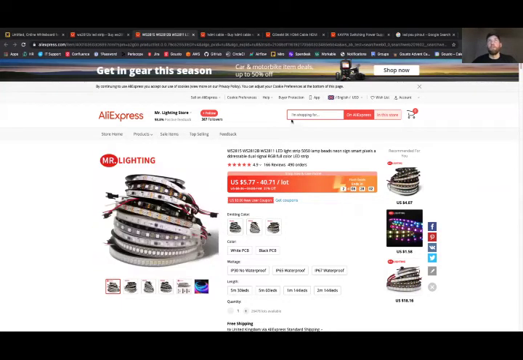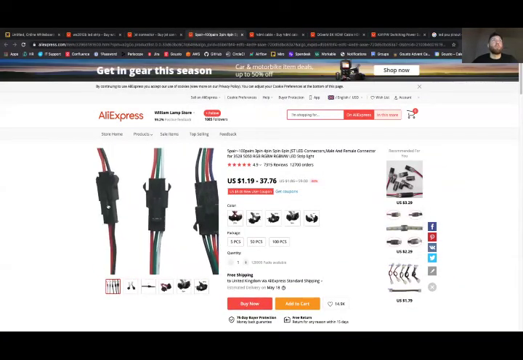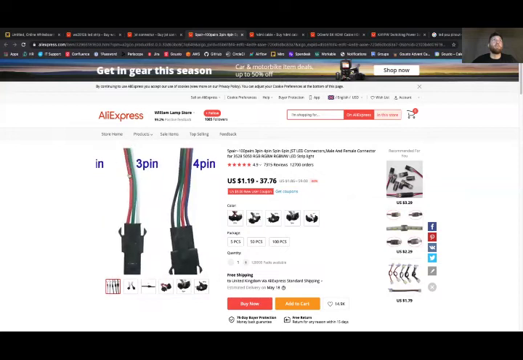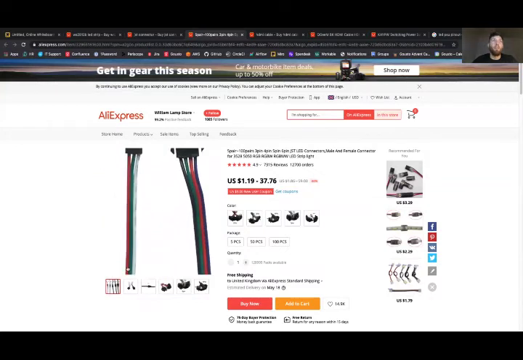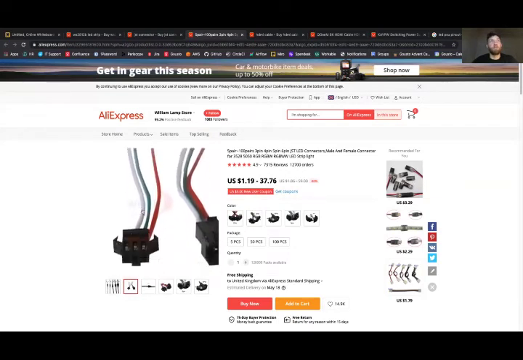But just know that cable management needs to be done correctly in the world of LEDs. And if we search for JST connector, you'll see that there are a number of different standardized products. So these units, these 3-pin units, come pre-soldered onto the ends of your LED strips.